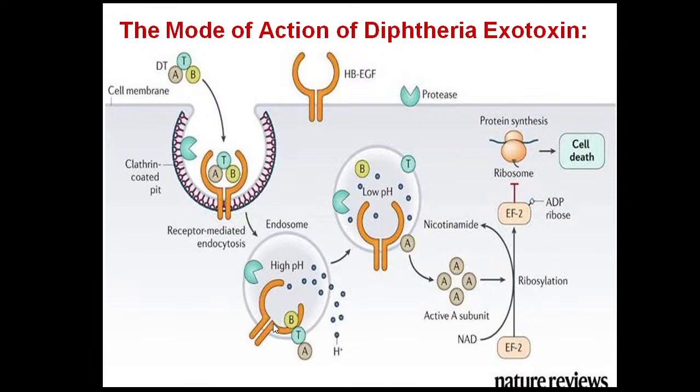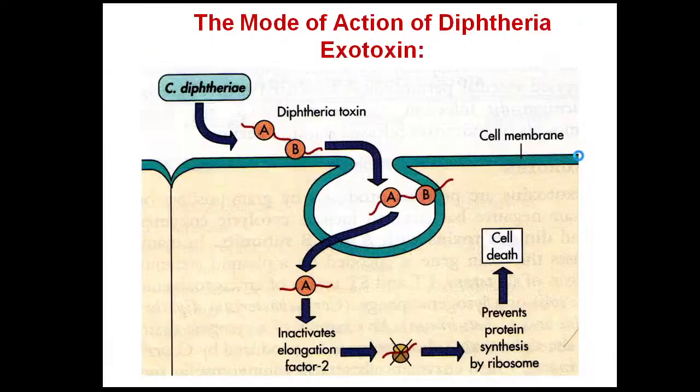Due to the acidification of the endosome, the A subunit is released from the endosome into the cytosol. The active A subunit targets elongation factor 2 by ribosylation, and it prevents protein synthesis. This may lead to cell death, so this toxin is a cytotoxin, a toxin that kills cells.